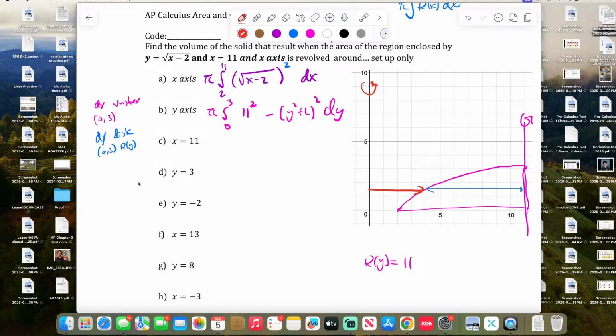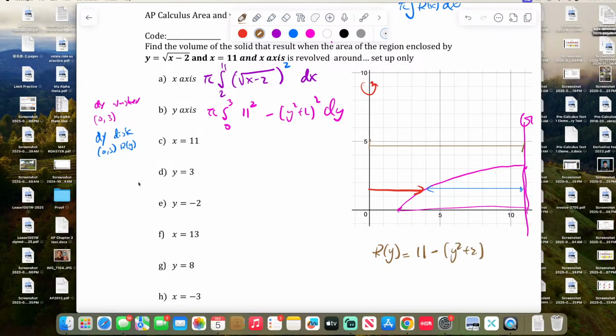The way to get the blue line is to take the brown line minus the red line. Does that make sense? So in this case, r of y is going to be 11 minus the function. Well, the function is y squared plus 2.